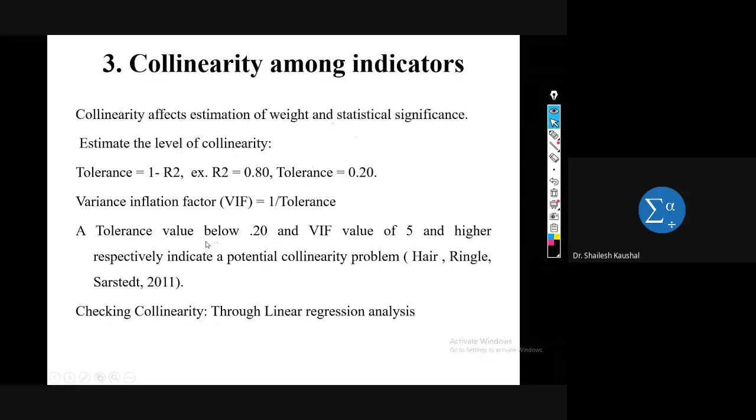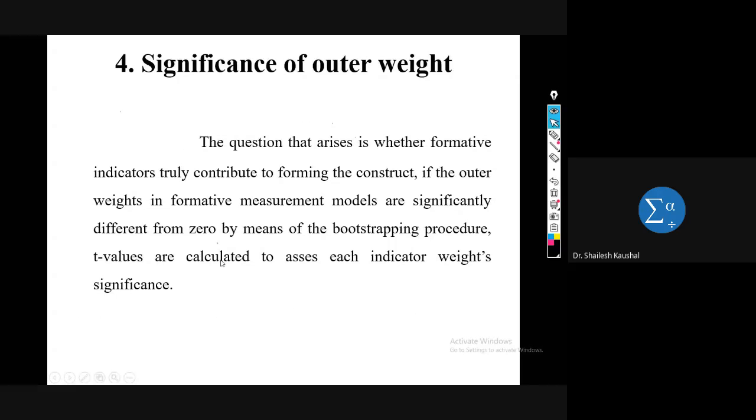It means the tolerance value should be greater than 0.2 and the VIF value should be less than 5. Then there is no issue of collinearity. How will we check the collinearity? Through linear regression analysis, we can check the collinearity of our indicators. Then significance of outer weight.